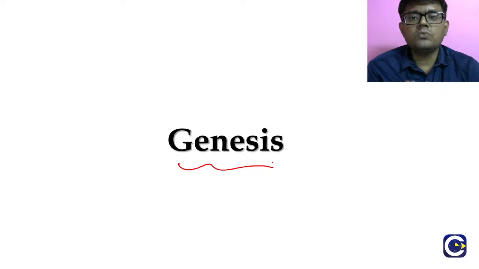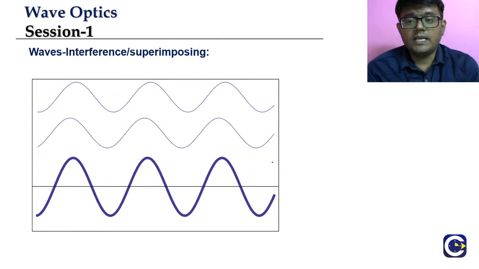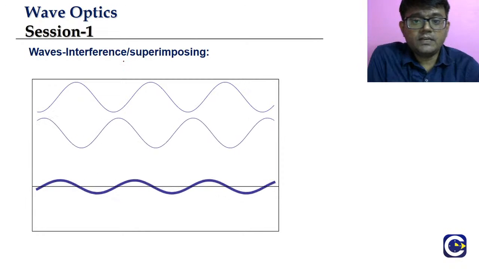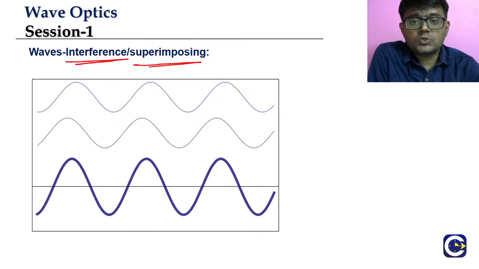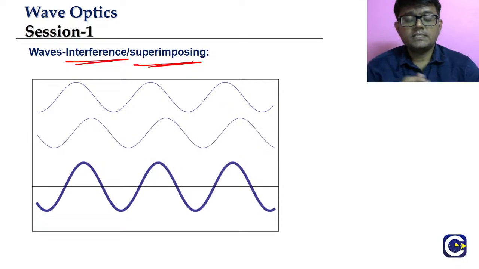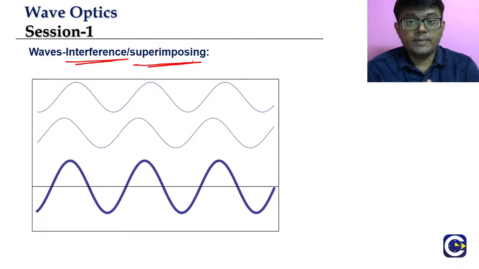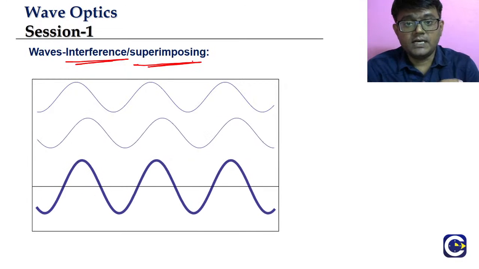Generally, to think about wave phenomena, even in +1 we have talked about waves. When we talk about wave phenomena, for a propagating wave, this interference or superposition is a fundamental difference between wave phenomena and the particle theory.